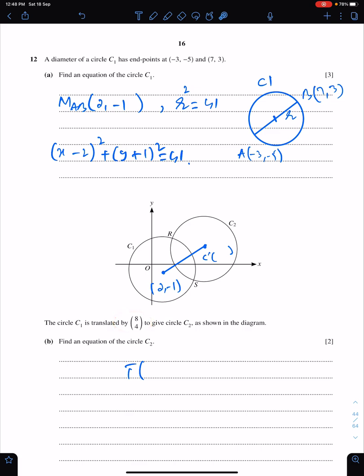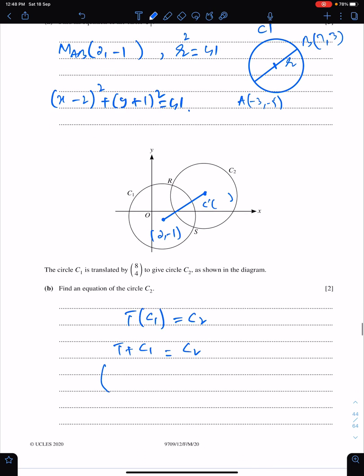So the center of circle 2 is the center of circle 1 plus T. T is (8, 4). The center of circle 1 has coordinates (2, -1). This will give you the center of circle 2: (10, 3). So the center of circle 2 is at (10, 3).